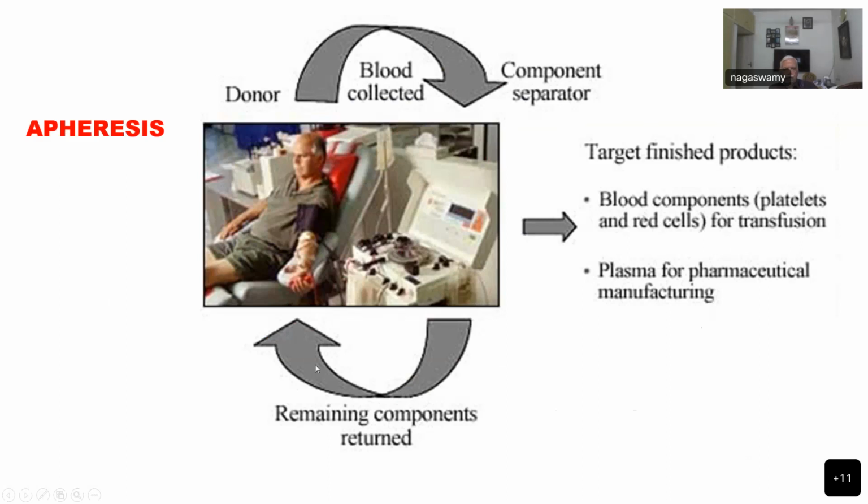Whatever remains, you can reinfuse into the patient himself. So in apheresis, you take out the blood, the components are separated, whatever target you want to achieve you take, and the rest of it you can pump back into the patient. That is the apheresis technique.